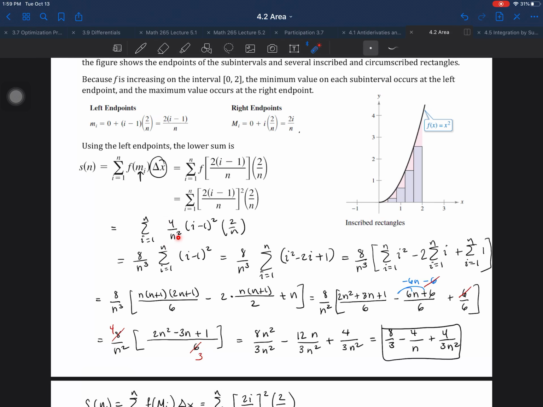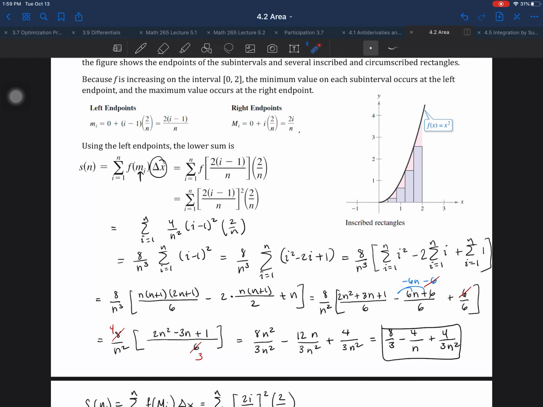Now we know that this does not depend on i, and this does not depend on i. So what I did was multiply them and then move them outside the series. Why? Because I want this to be as simple as possible. I want my inside to be as simple as possible.